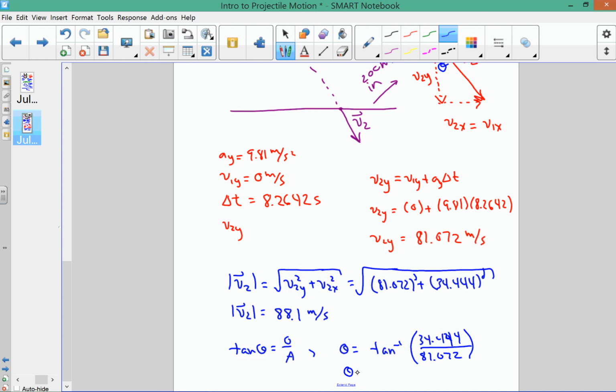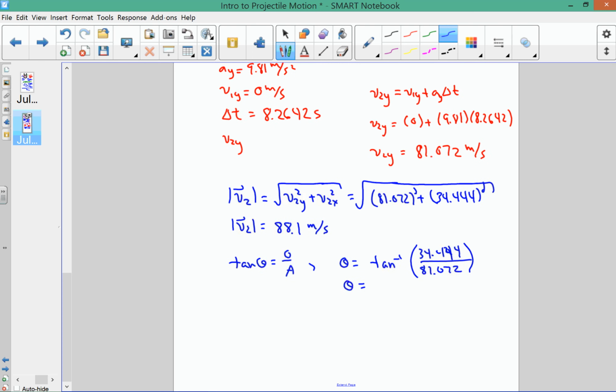Notice I'm not rounding at all, I'll round at the end. So in our calculators, tan inverse of 34.4444 divided by 81.072 gives us an angle of 23.0 degrees.